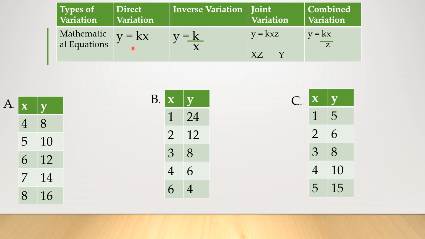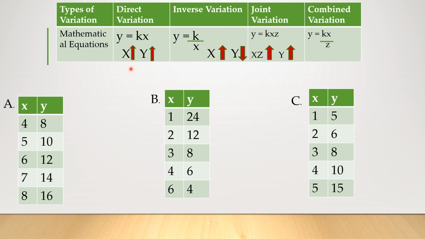First, we have direct variation. Here, as x increases, y also increases. In inverse variation, as x increases, y decreases, the opposite. In joint variation, as x and z increase, y also increases. And in combined variation, it depends on what kind of variations you are going to combine here.